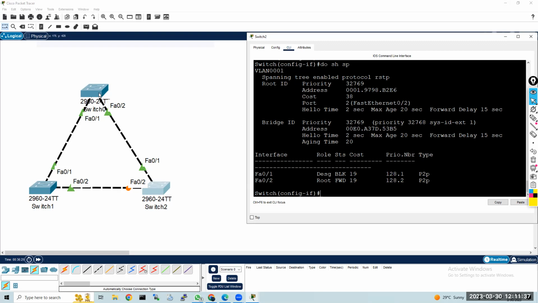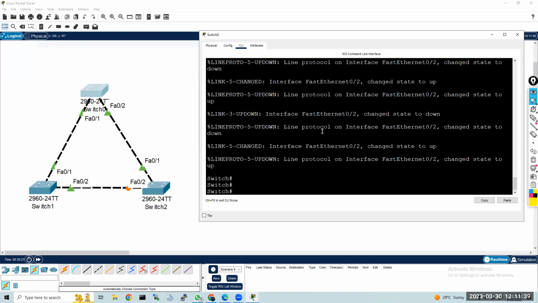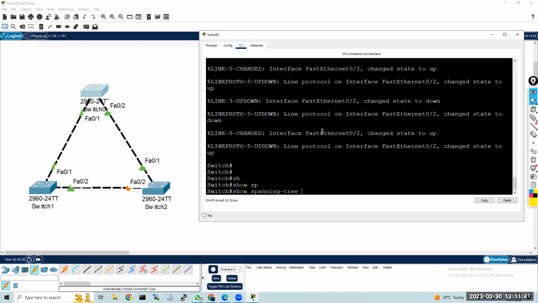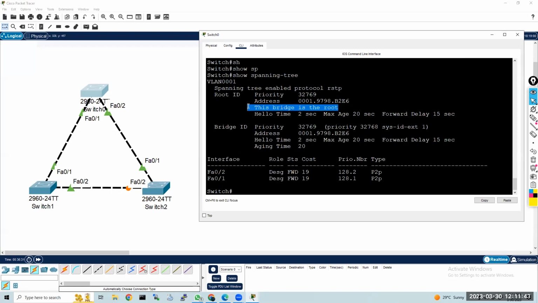Right now, this is the root bridge. Can you see? Show span. This is the root bridge and both are designated ports. So how do I make this other switch the root bridge?